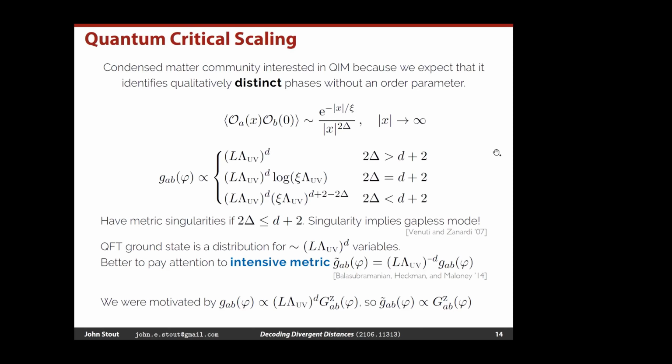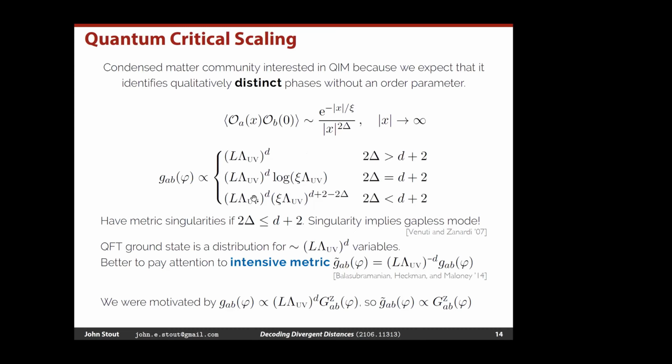I find that depending on the scaling dimension, I can have either no dependence on the correlation length, a logarithmic singularity as I take the correlation length to infinity, or a power law singularity as I take the correlation length to infinity. And it's always dressed with this factor of L times lambda UV to the power T.